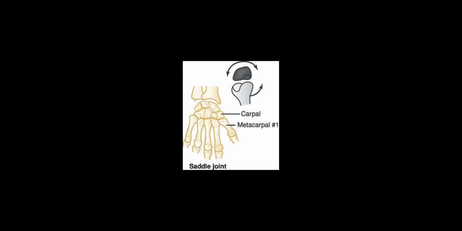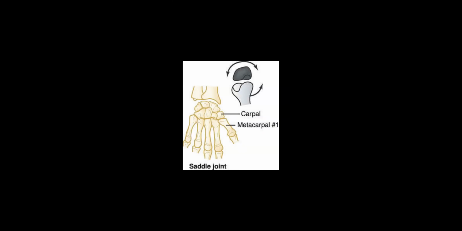Saddle joint is between the carpal and metacarpal of thumb. ये thumb है, तो ये जो carpal है which is in the line of the thumb, और वो जो उसका metacarpal है thumb का, इसके बाद दो phalanges. तो यहाँ पे जो joint है, this joint is a saddle joint.